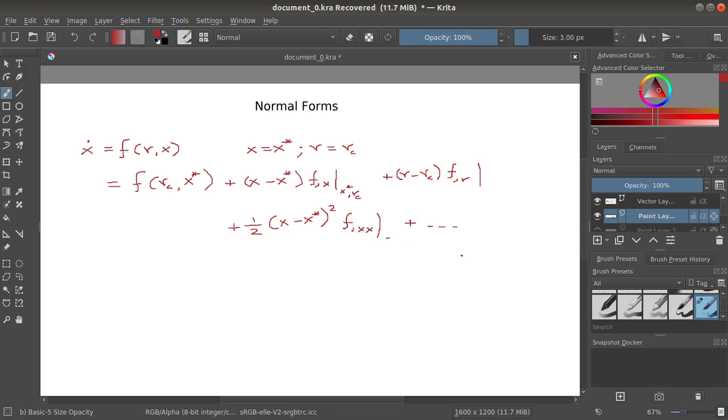Now, very near to this region, let's say I'm ignoring these higher order terms. What do I get?